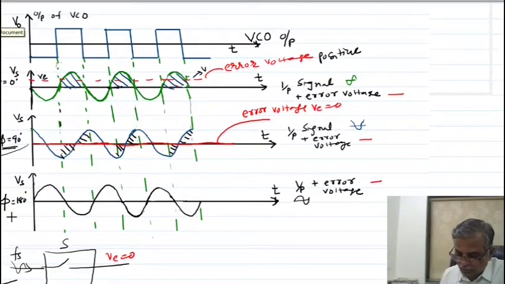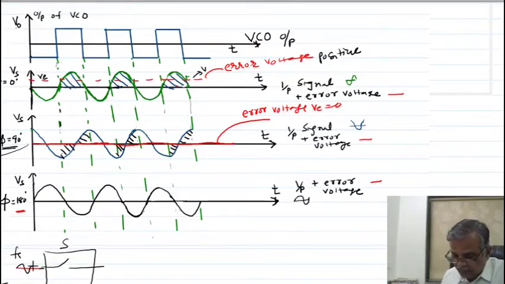Now I am showing you a 180-degree phase shift. If there is a 180-degree phase shift between the output of the VCO and the input signal, then during this much time this much portion will be passed.